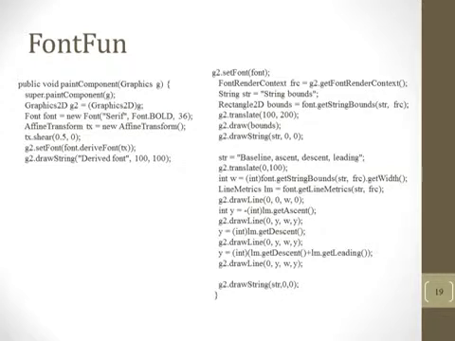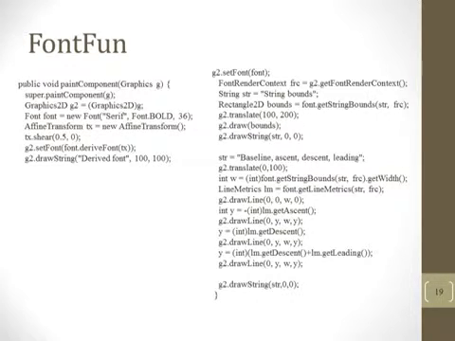First, we set the font to serif bold, and the size is 36, and we make a derived font. As we can see here, an affine transformation is created to perform a horizontal shear.